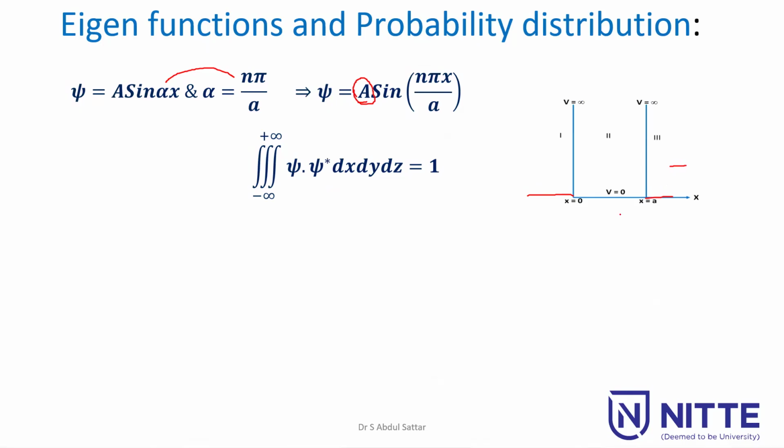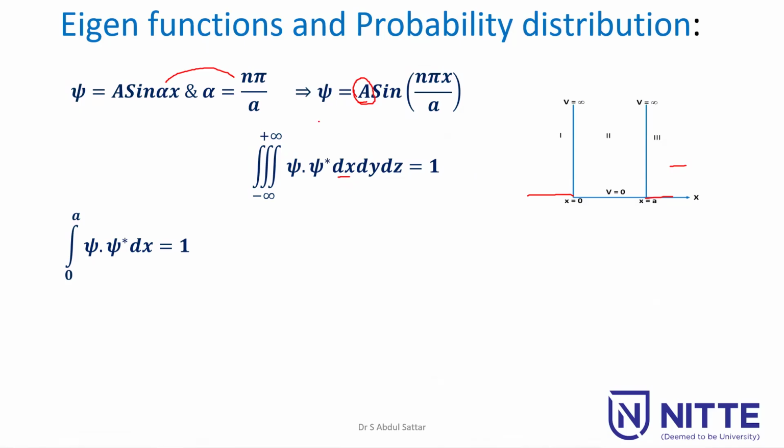So you have to search for the particle in between 0 to a. That's why the limits are 0 to a, and psi star psi, and we are having only dx because the box is one dimensional. So the normalization condition becomes integral 0 to a psi star psi dx equal to 1.